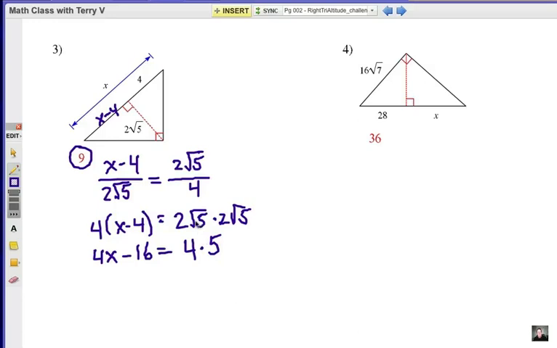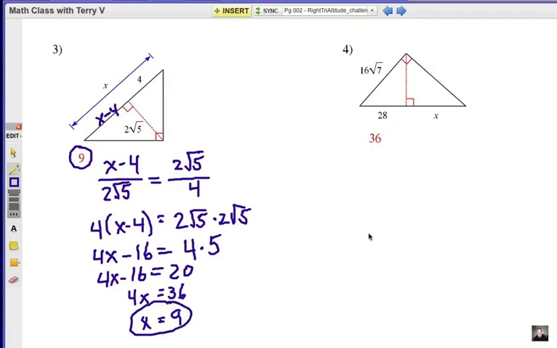So you're kind of undoing the square root symbol. So radical times itself equals that number. So obviously 4x minus 16 equals 20. And we're going to add 16 to each side. So 4x equals 36, and divide each side by 4. And I'm doing it fairly quickly because this should be pretty easy for you, hopefully. x equals 9.